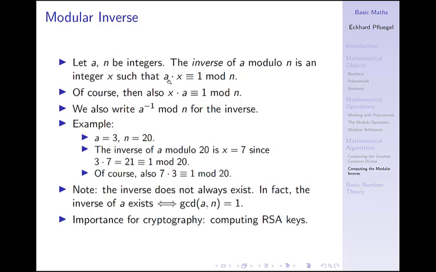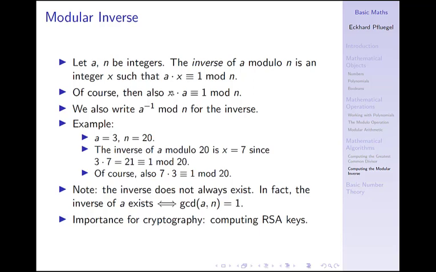And clearly, if x is the inverse of a mod n, then a will be the inverse of x mod n. Because 1/2 is nothing else than 2 to the power minus 1, we also use that notation here in integer modular arithmetic: we write a to the power minus 1.